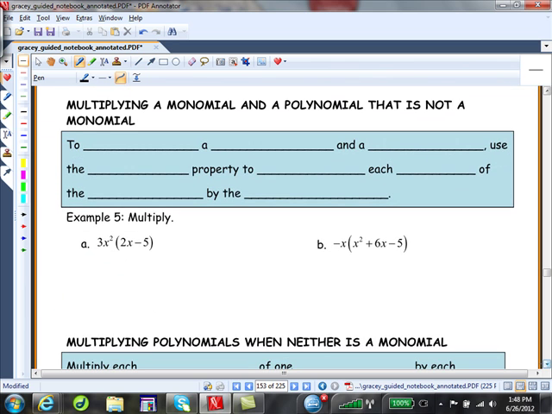Multiplying a monomial and a polynomial, a polynomial that is not a monomial.